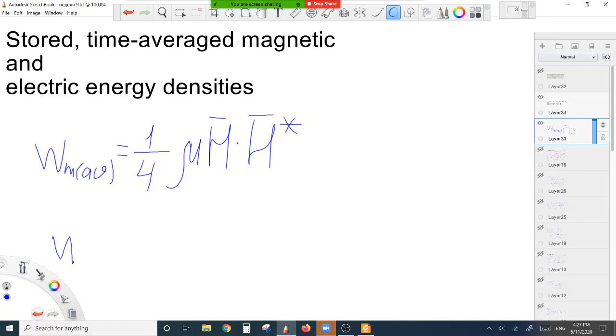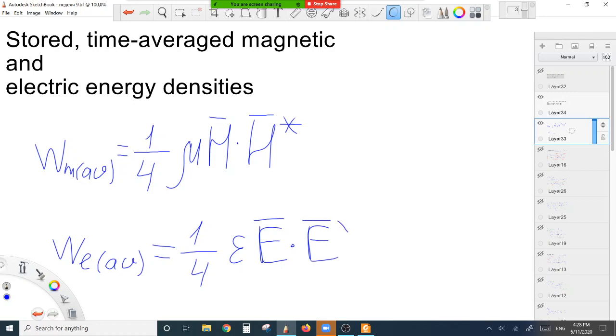And stored time averaged electric energy density can be written respectively as 1 over 4 epsilon E multiplied by E complex conjugate.